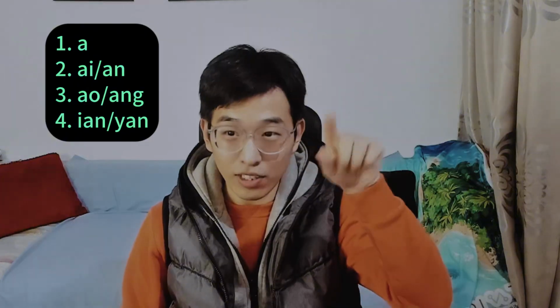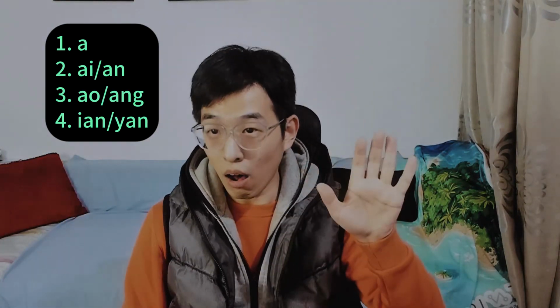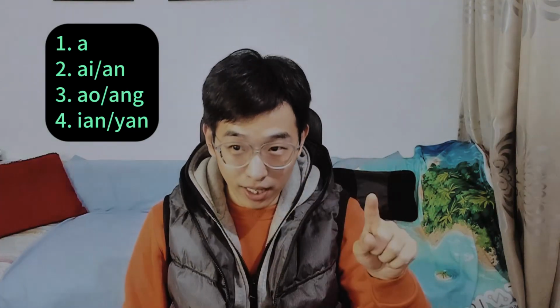Second one, in AI and AN, like and, ask, path, that's letter A in American English. 第三 third one, R in AO and ANG, like ask, path, hard in the British English. Yeah, R.